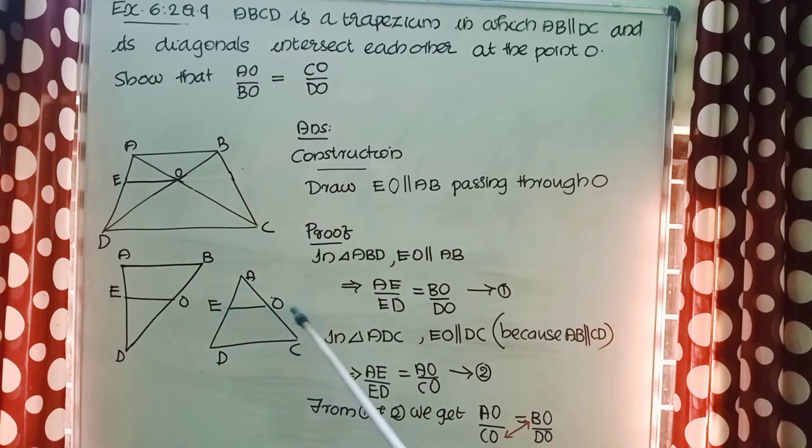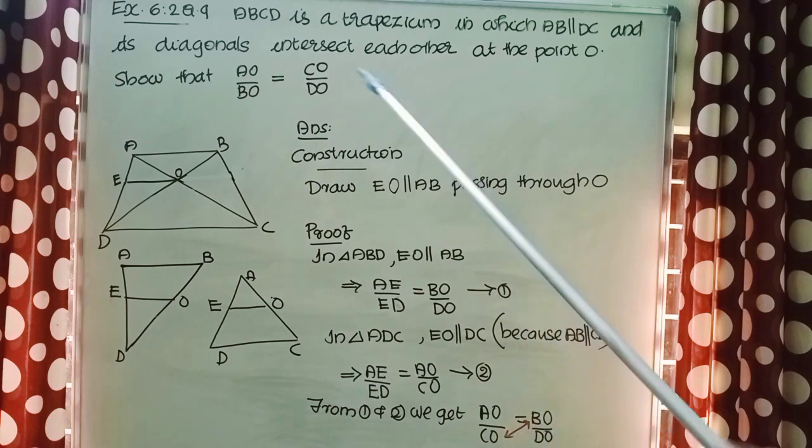There EO is parallel to DC. So we can apply the theorem. We get AE by ED equal to AO by CO. Equation number 2. So from 1 and 2 we can conclude BO by DO equal to AO by CO. You can see here.